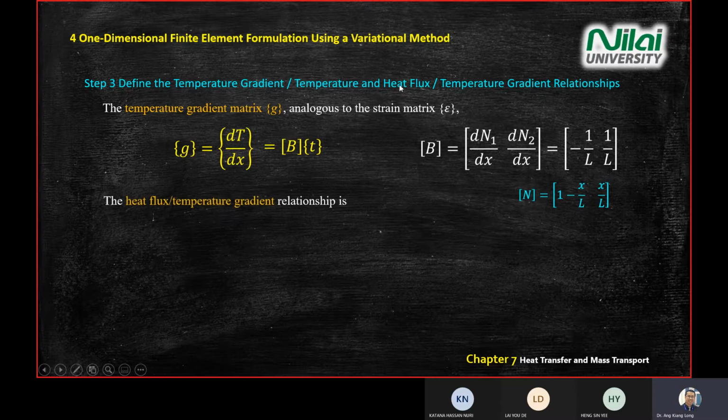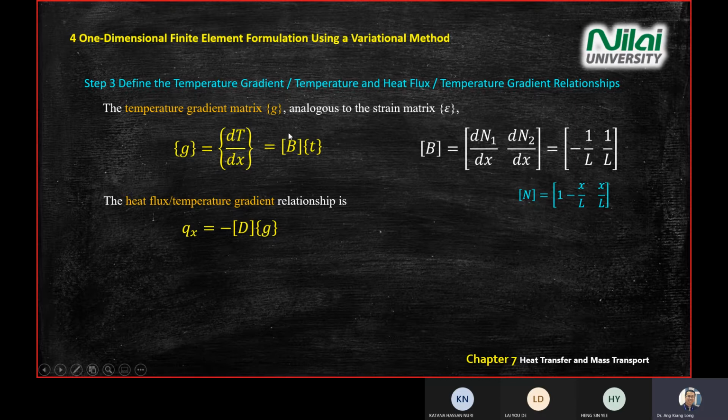The next one, for step 3, you need to find the heat flux over temperature gradient, given by Qx. Again, when you see Qx, it means the conductivity scenario. So Qx equal to negative D matrix times G. And the G matrix is given above, bracket BT.